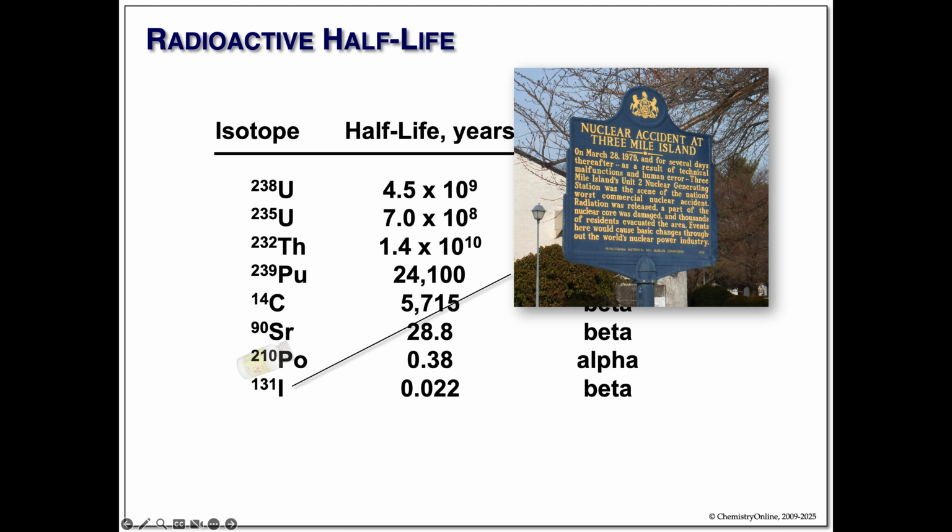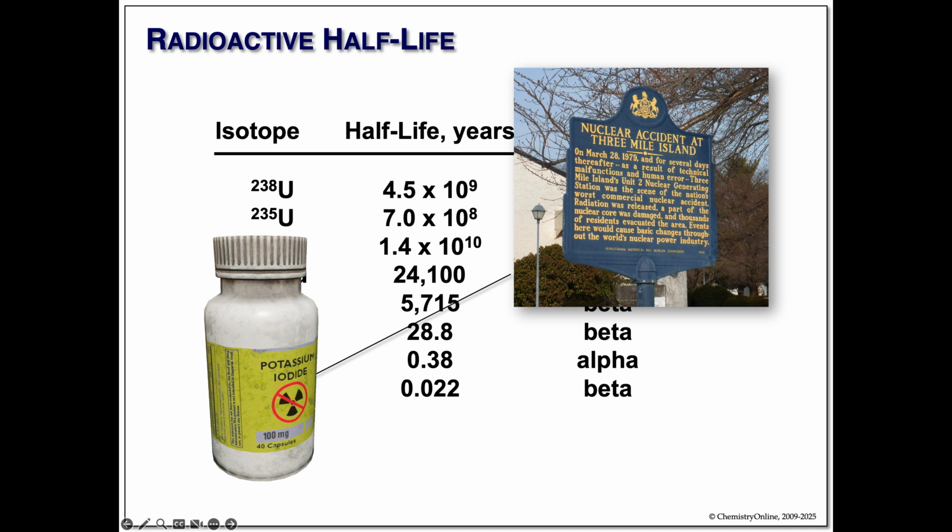The solution is fairly simple. They handed out potassium iodide tablets to everybody they could find. That potassium iodide floods your body with iodine. You don't incorporate from the air. So that works.